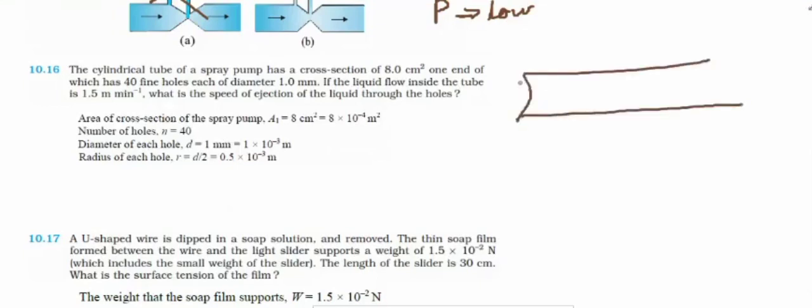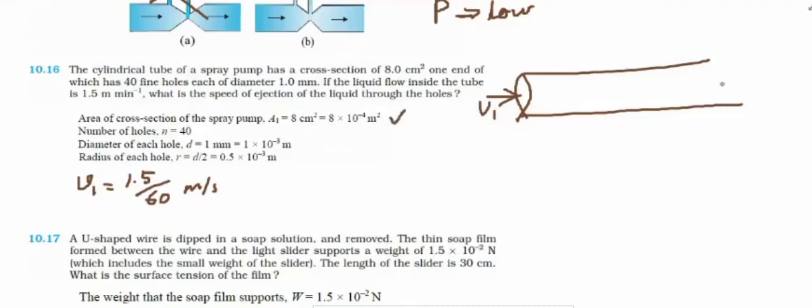the first cross section, the speed is given, 1.5 meter per minute. So V1 is given, and V1 is equal to 1.5 divided by 60 meter per second, and its area is given 8 centimeter square, so 8 into 10 power minus 4 meter square, that's the value of A1.